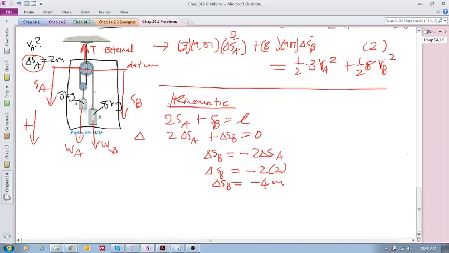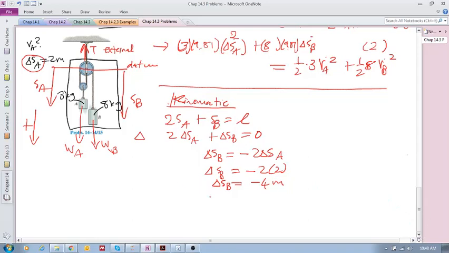But the problem doesn't tell us that block A is moving down 2 meters. It just says it's moving 2 meters. But I've made the assumption by putting a plus 2 in here that it's moving down. Just take note of that.